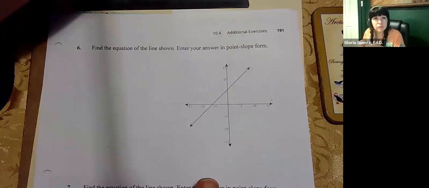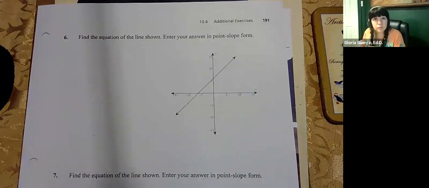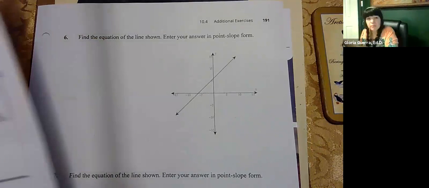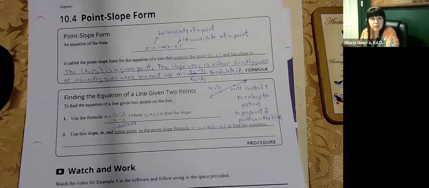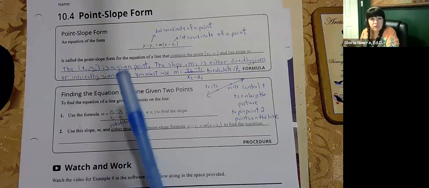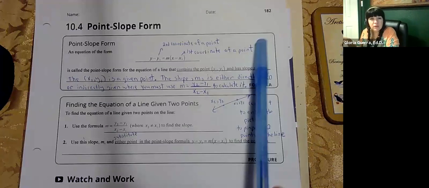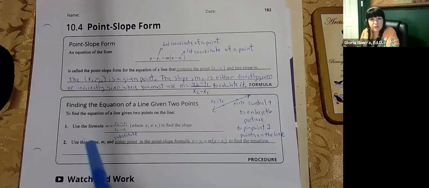Okay, so it says, find the equation of the lines shown and enter your answer in point-slope form. So what comes to mind in your notes and your instructions for this problem is probably this part right here from page 182. This says that you're finding the equation of a line given 2 points.